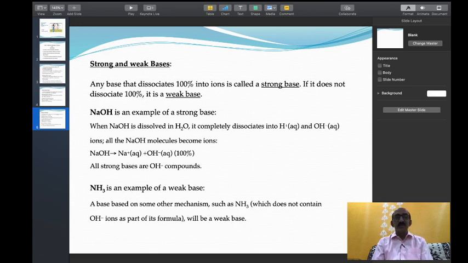The buffers are composed of the salt of a weak acid plus the weak acid itself. So, we can prepare a buffer solution in the laboratory by taking a weak acid and mixing it with its salt of a strong base. It is called a buffer solution.